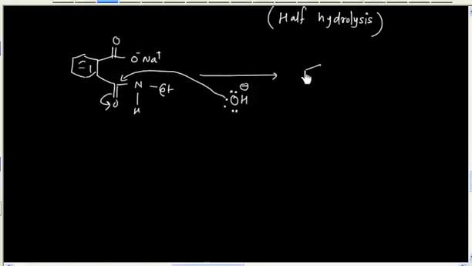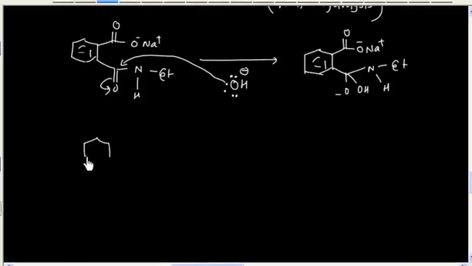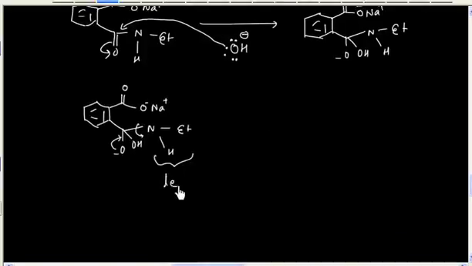This opens. Now in the next step, we can return back the negative charge and we can form a double bond. So we can remove this one. So this will act as a leaving group.